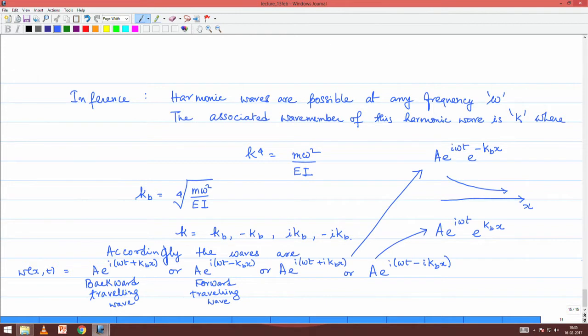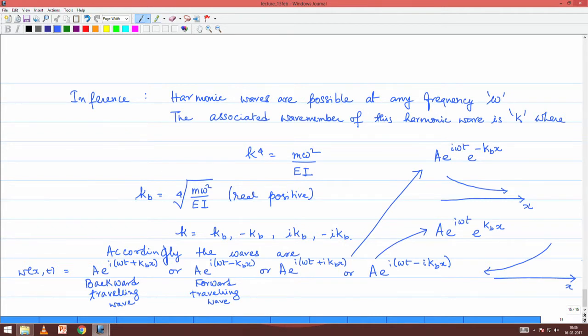So, minus i square is plus 1, and you will get e to the power plus kb x, and kb as per our notation is a real positive number, right. So, the plot of this, if this is the direction of x, will actually decay in the negative x direction. So, that is actually natural justice.